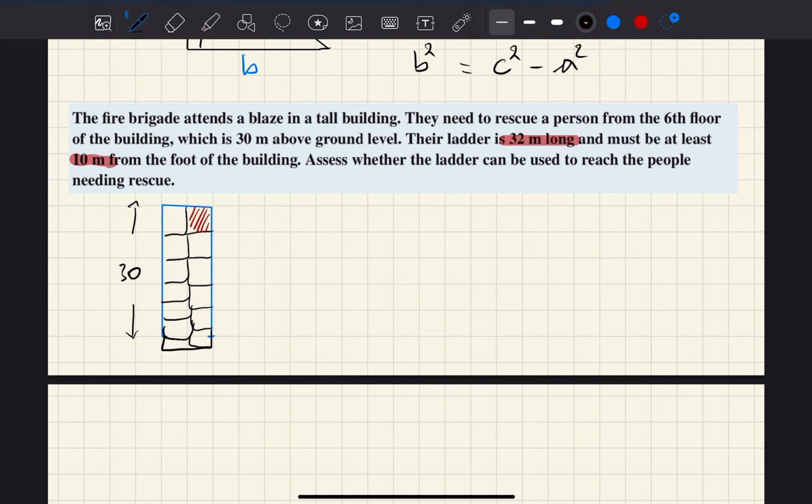So we're going to assume from here to here is 10 meters, and then we have this 32-meter ladder going up to the building. So this is our ladder.